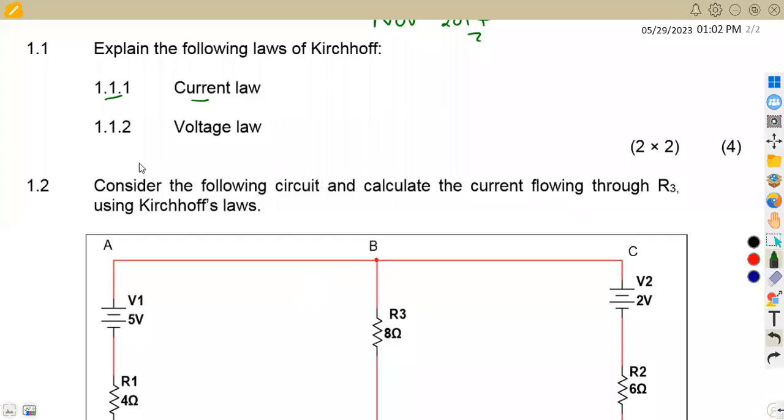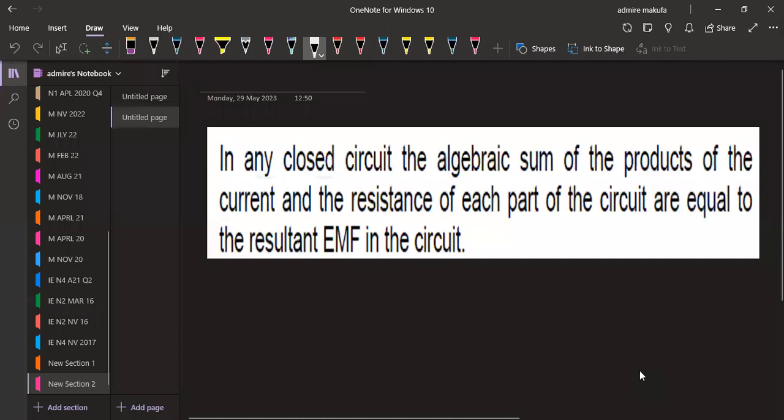This time we have the voltage law, still with the same idea. On the voltage law, in any closed circuit, the algebraic sum of the products of the current and resistance of each part of the circuit is equal to the resultant EMF in the circuit.